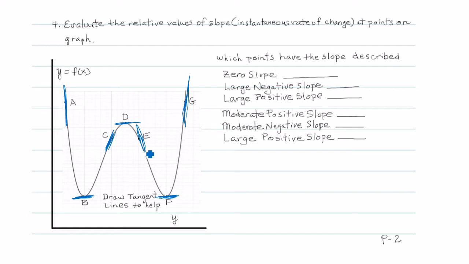Now, where do you see zero slope? Well, you just see it at D and B and F. Where do you see a large negative slope?